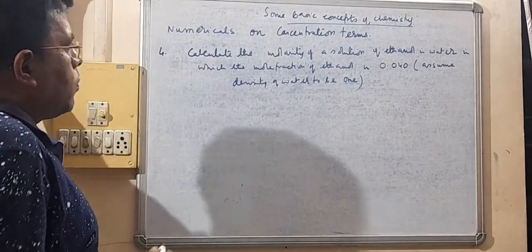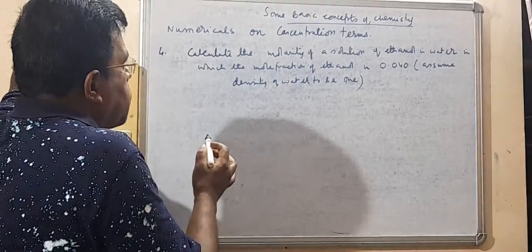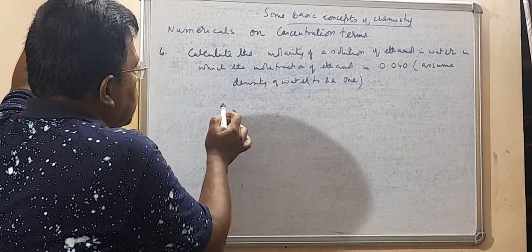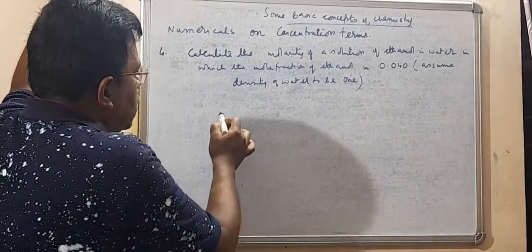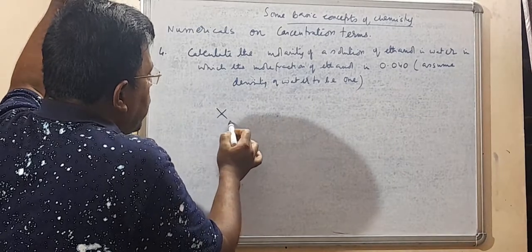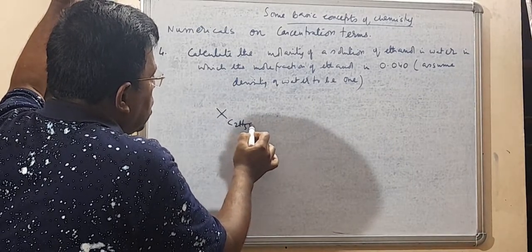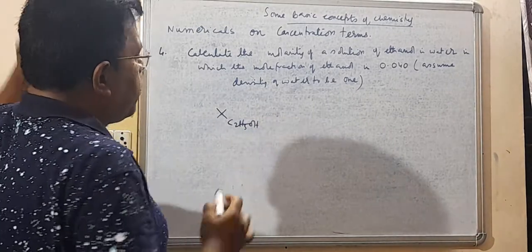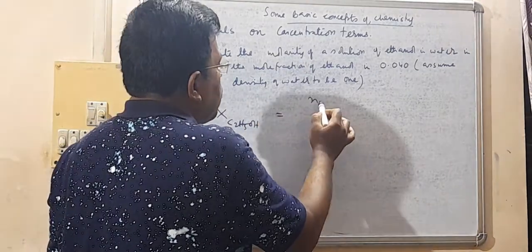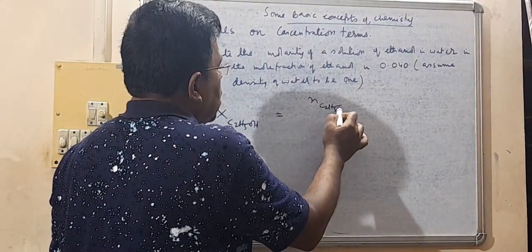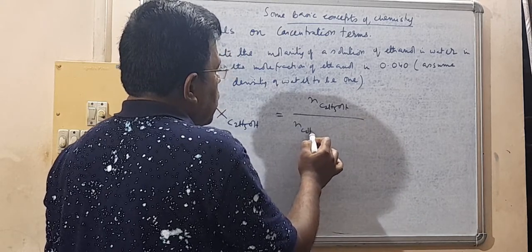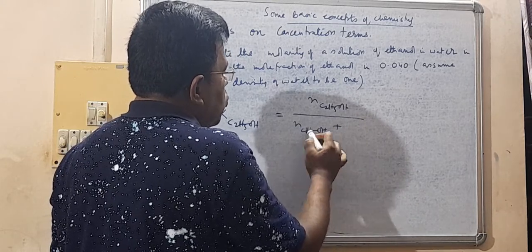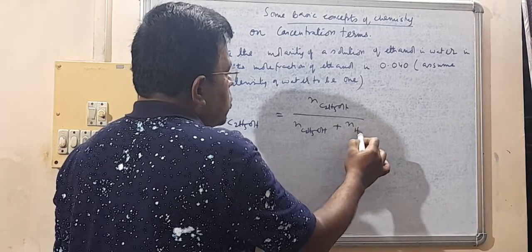So let us write down this thing. Mole fraction, which is denoted by chi, it looks like X. So mole fraction of ethanol, C2H5OH, is number of moles of ethanol by total number of moles, so moles of ethanol plus moles of water.